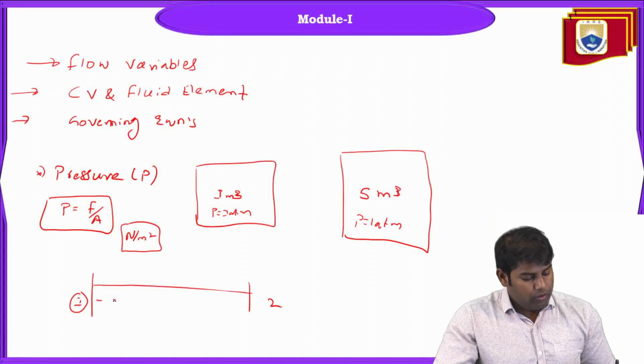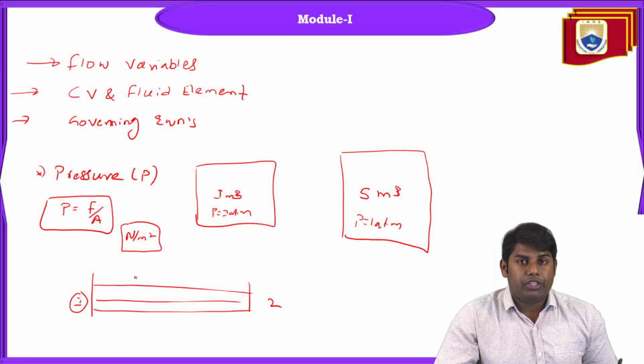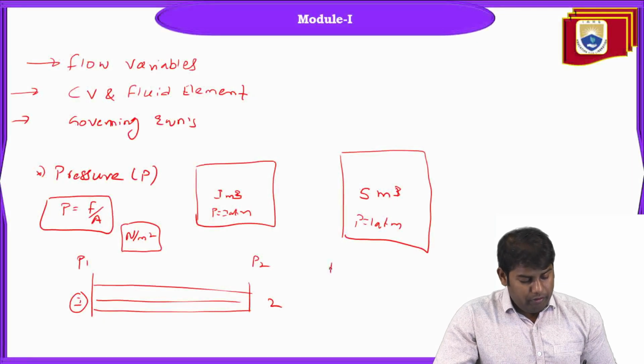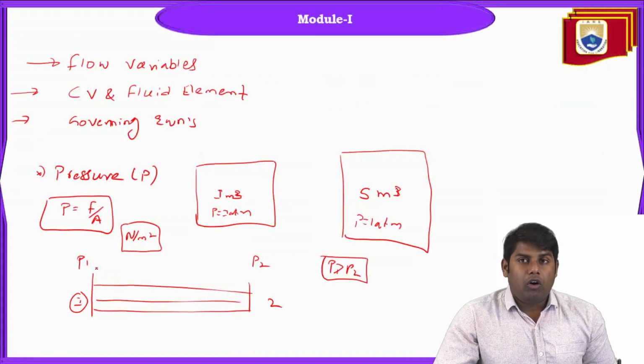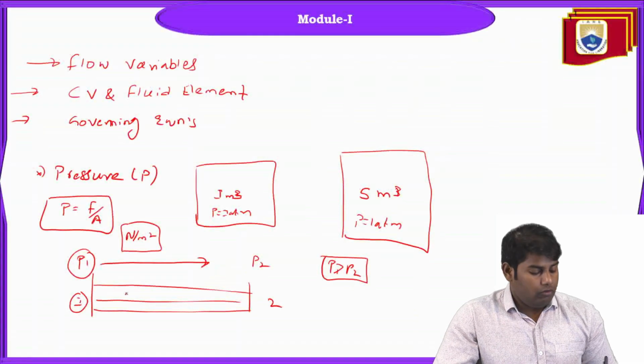If the fluid has to go from station 1 to station 2, with pressures P1 and P2, and P1 is greater than P2, the fluid will always flow from higher pressure to lower pressure. So from P1 to P2, from one station to the other, the fluid will start propagating from 1 to 2.